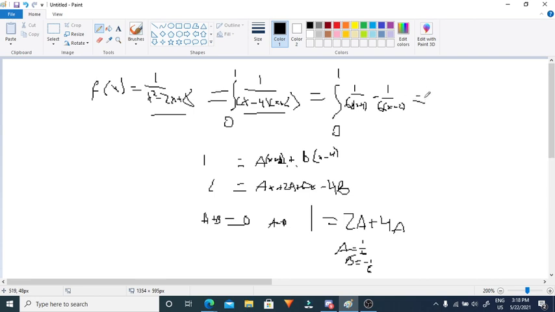We're able to do that, and we're going to get ln of x minus 4 over 6 minus ln of x plus 2 over 6.